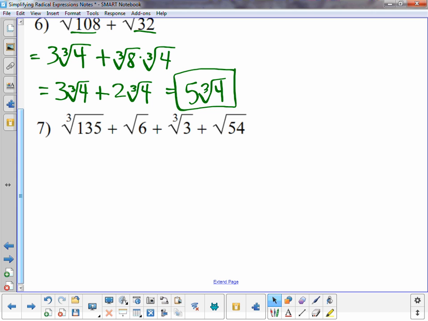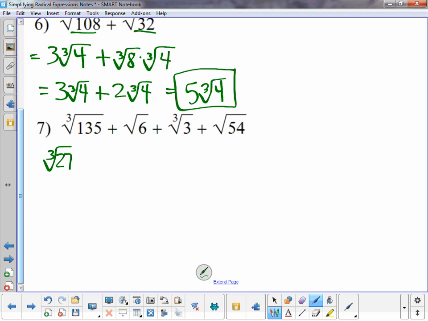All right, let's try the first one here. Cube root of 135. So looking at our perfect cube list, which one of those divides into 135? You think not 64, because twice of that's 128. So then the next perfect cube is 27. Does 27 go into 135? Yes, it does. How many times? 5.